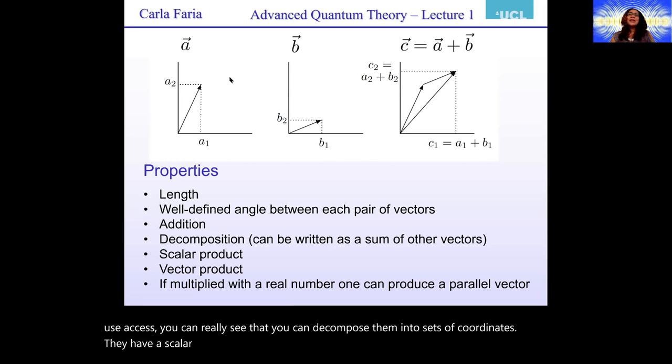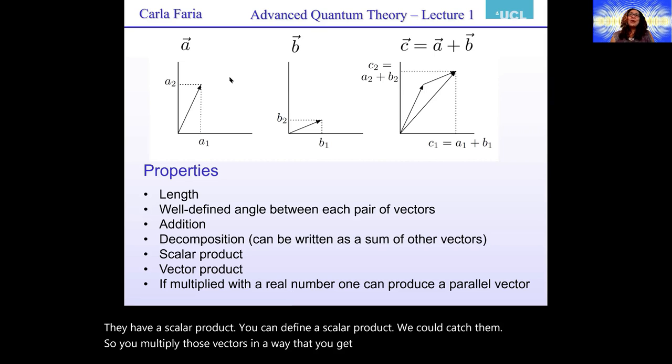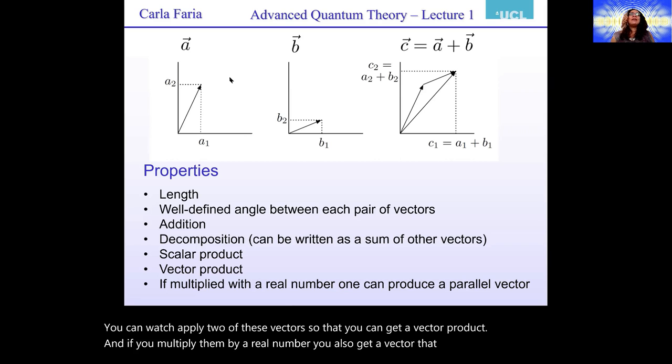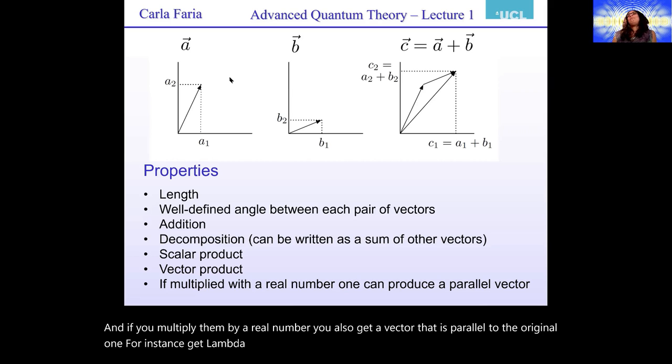You can define a scalar product with regard to them, so you multiply those vectors in a way that you get a scalar out of it. Also, you can multiply two of these vectors so that you can get a vector product. And if you multiply them by a real number, you also get a vector that is parallel to the original one. For instance, lambda A is going to be parallel to A, lambda B parallel to B, lambda C, etc.